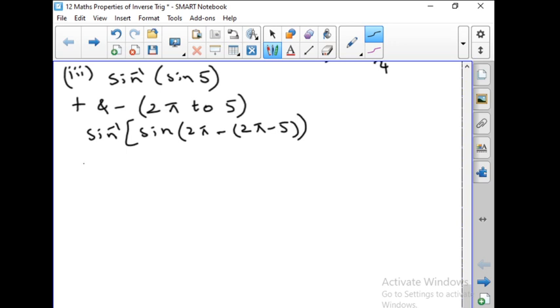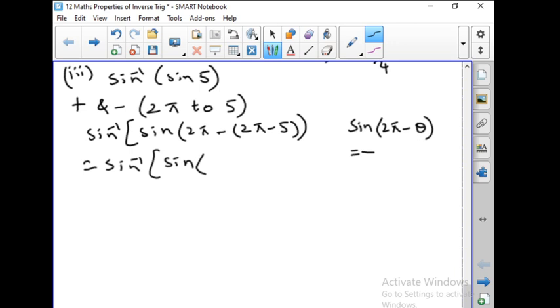Now we have to find in which quadrant it lies. 2 pi minus theta. So what is sine of 2 pi minus theta? Sine of 2 pi minus theta is in the fourth quadrant. In the fourth quadrant sine is negative, so we have minus. Then 2 pi is 360, it is even.